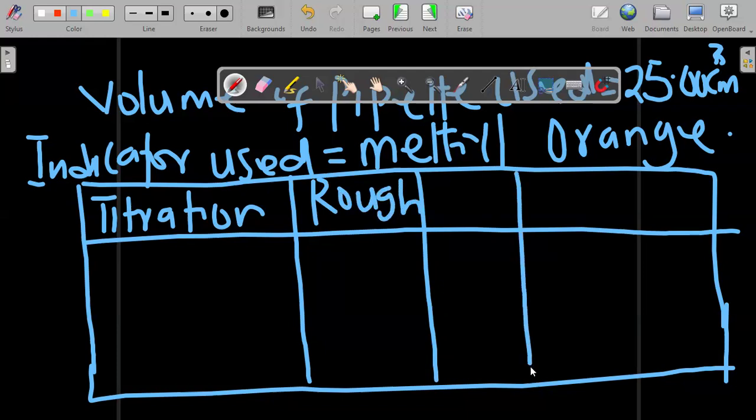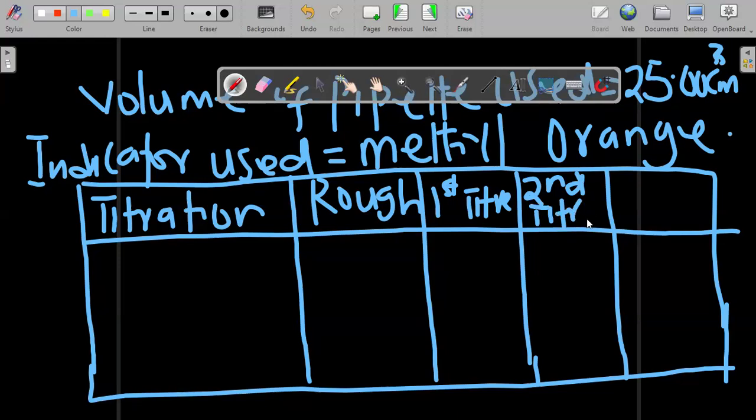Here you put first titer. Here you put second titer. Here you put third titer. Okay?